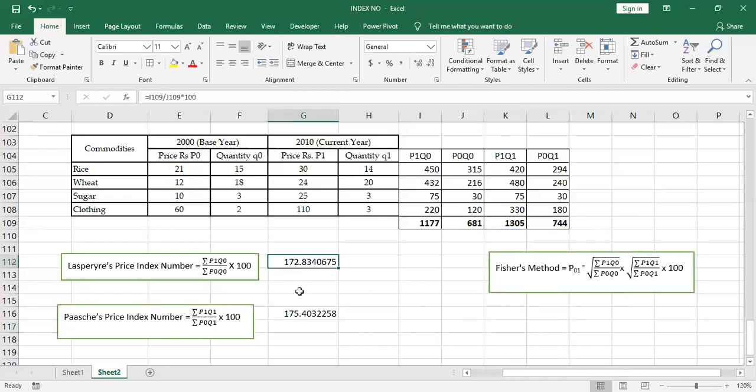Next, this is Paasche's and this is Laspeyres. Now we'll be working on Fisher. Fisher is simple.